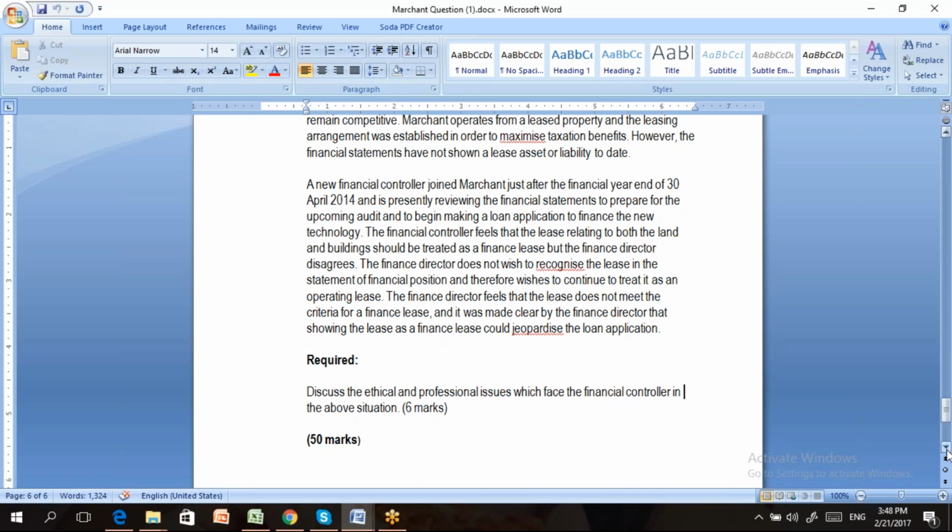And in terms of ethics, professional accountants are believed to be objective. In other words, we should be independent and should not be affected by business pressures or top management pressures.